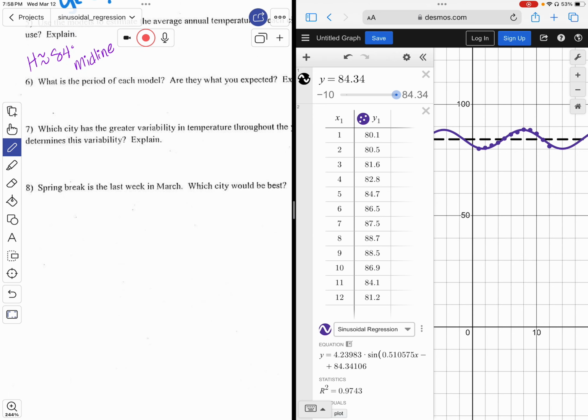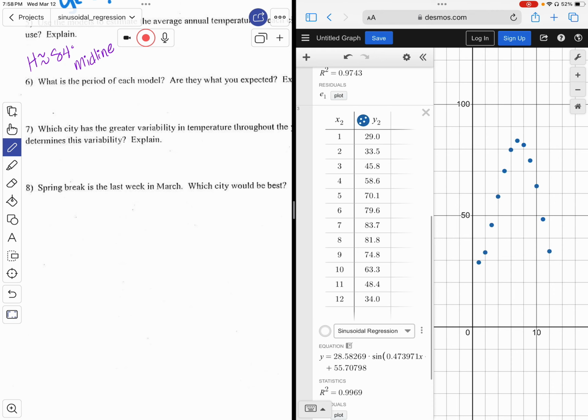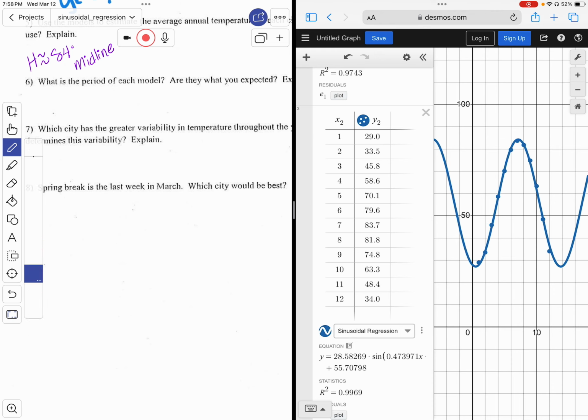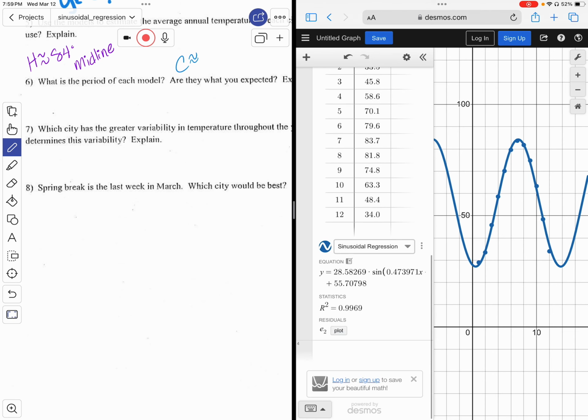So for Honolulu, I'm going to turn that off. And for Chicago, come down here to Chicago, turn all my data for Chicago on. According to my regression, my midline, the K value in my equation, looks like it's close to 55.7.